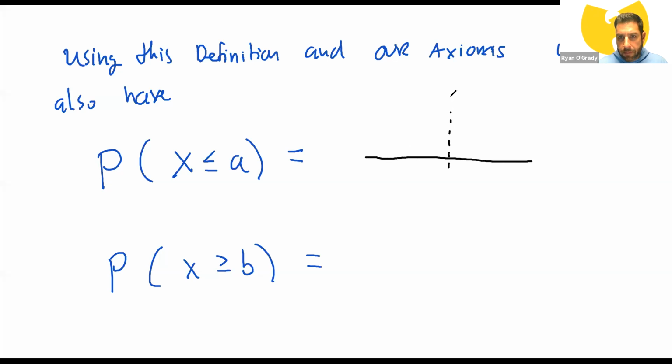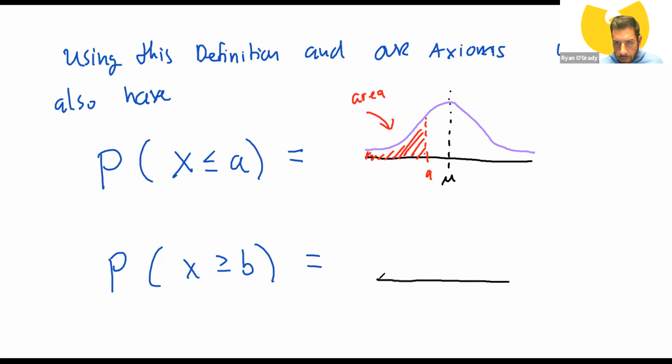If I have the center of my curve, which looks like this, and then I put some value a, say here, then this is the area that would tell us the probability of the random variable being less than or equal to a. And of course, if I want to know when it is greater than or equal to b, I would have a very similar sort of picture.